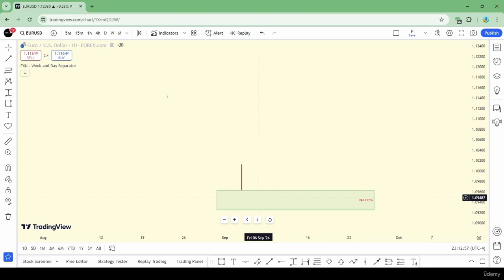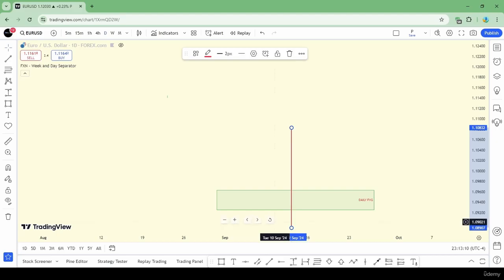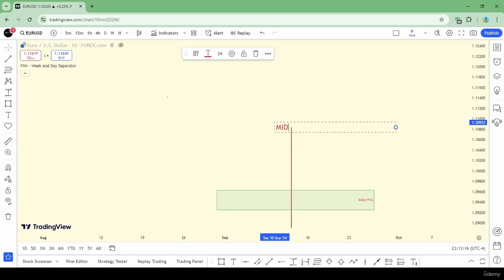So the market will or should have shown the potential to draw towards the daily fair value gap. And in our instance, this will be our daily midnight open. So for example, we have a midnight open, midnight.